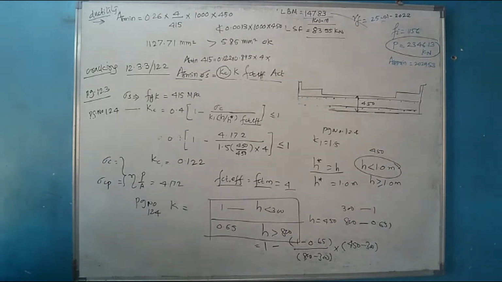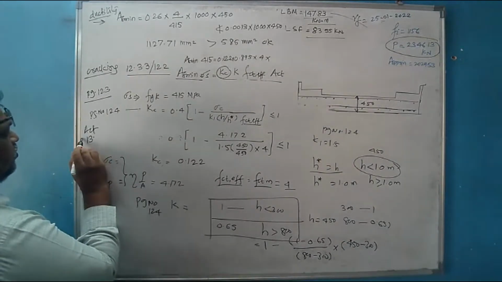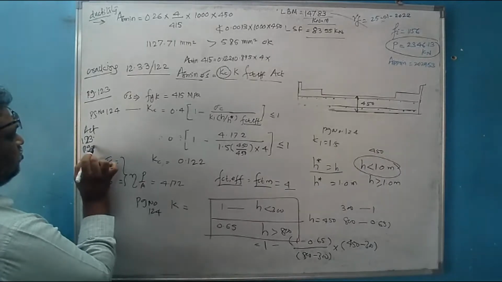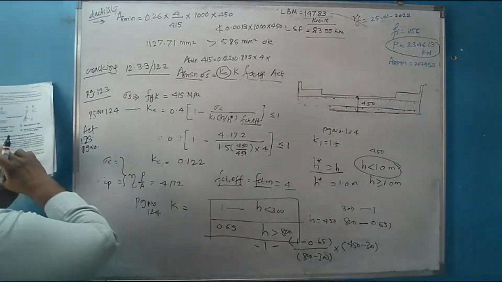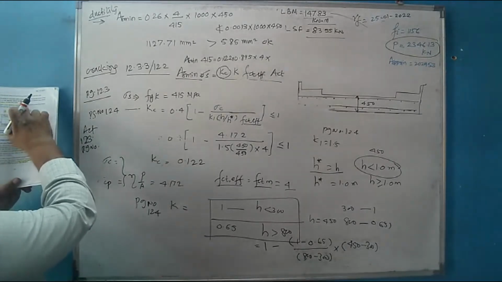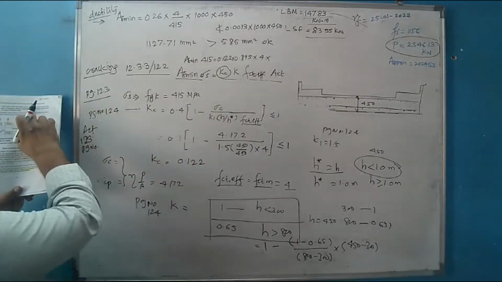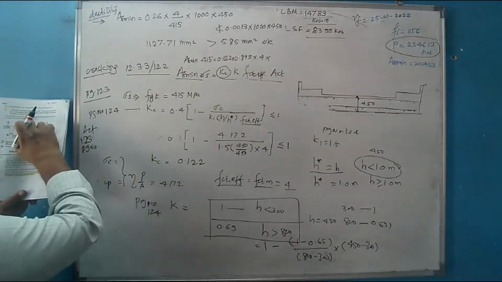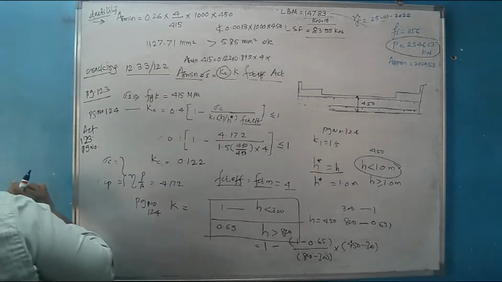Please refer page number 123. So for ACT, page number 123. What is it? It is the area of concrete within the tension zone. Tension zone में जो area of concrete है, the tensile zone is that part of the section which is calculated to be in tension just before the formation of the first crack.